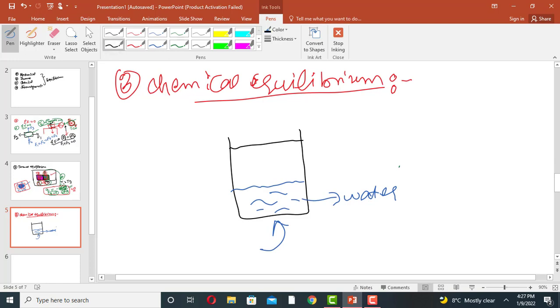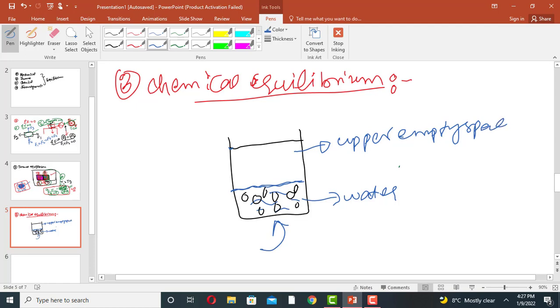So the molecular motion of the water molecules in the liquid will increase. After a certain time, the water will escape from the liquid toward the upper space, the upper empty space.